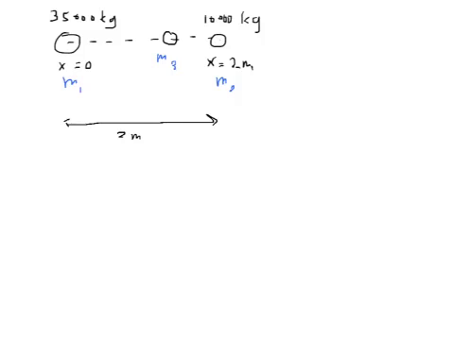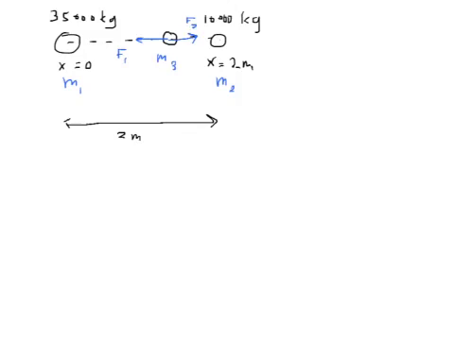Now, because this has mass, and because this has mass, M1 pulls on M3, and in fact, M1 pulls M3 toward it, to the left. So I'll call that force F1. And because M2 has mass and M3 has mass, M2 pulls on M3, and of course M2 pulls it this way.